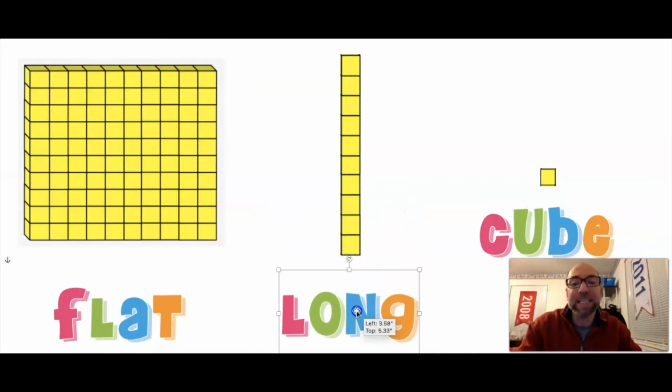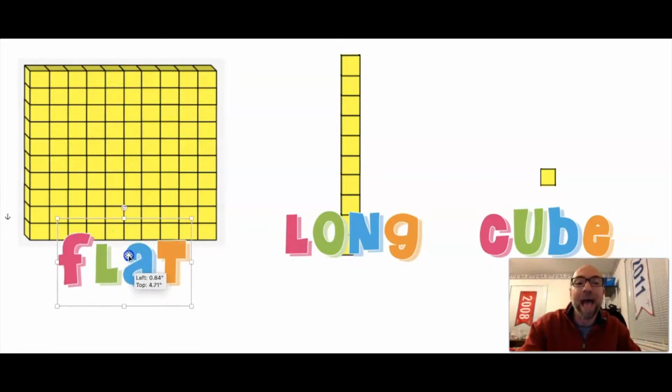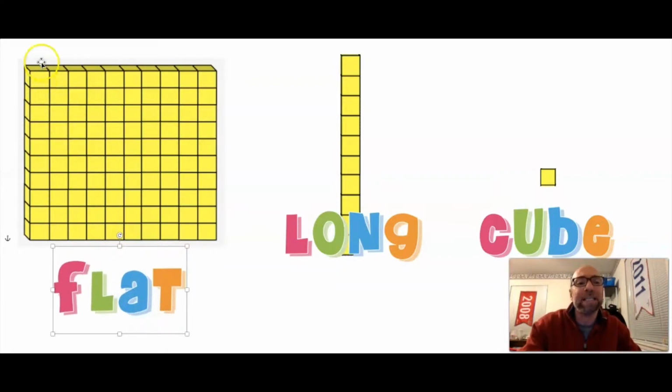Now, when I put 10 longs together, here's a long, here's a long, here's a long, another long, another long, another long, we call that a flat. Let's find how much a flat equals. If each one is 10, we have 10, 20, 30, 40, 50, 60, 70, 80, 90, 100.